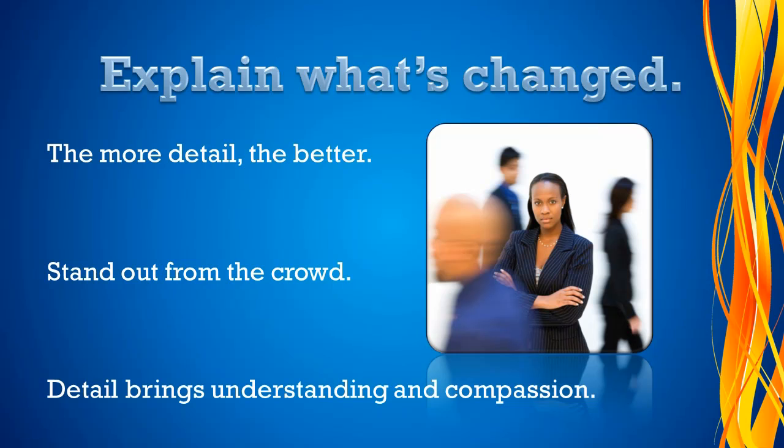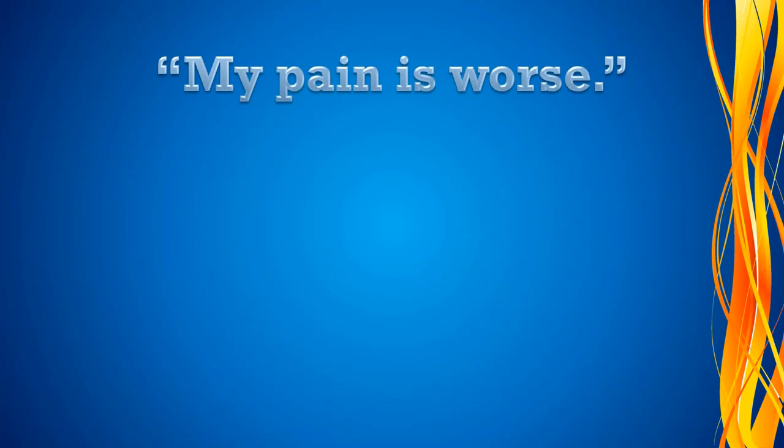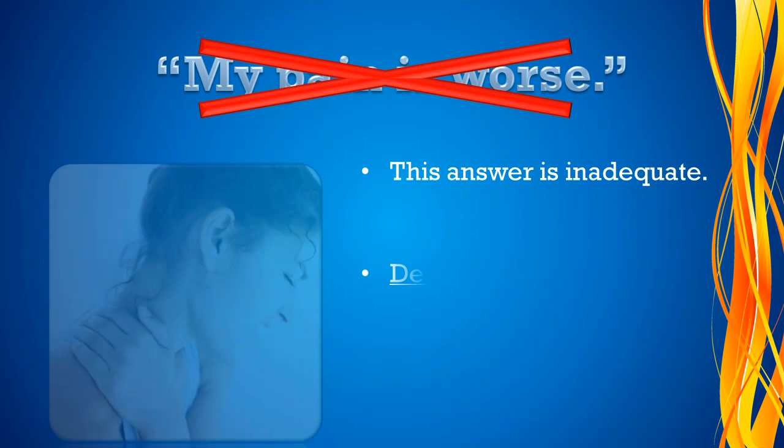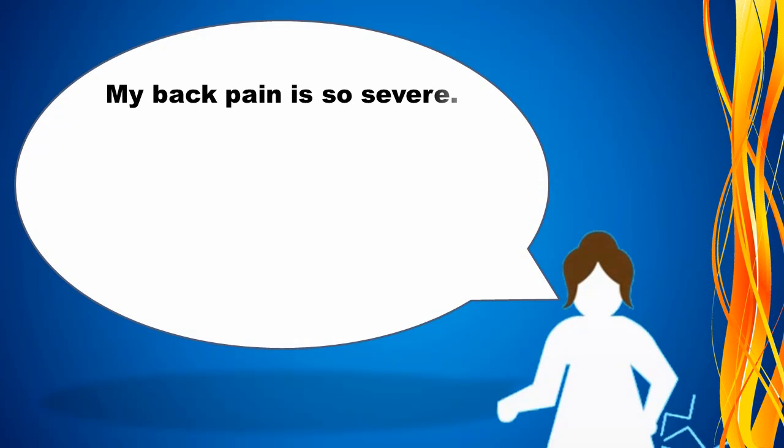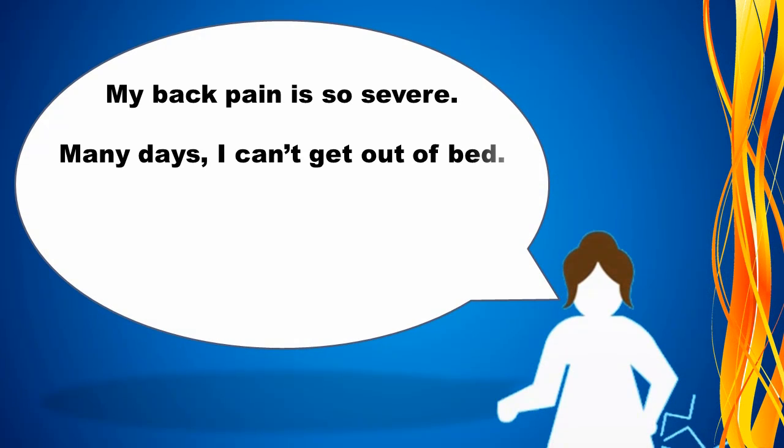For example, compare these 2 answers regarding pain. "My pain is worse." Note, this answer is inadequate because it fails to paint a clear picture of how your pain affects your life and your ability to work. Or, "My pain is so severe in my lower back that several days a week I can't even get out of bed except to use the restroom.